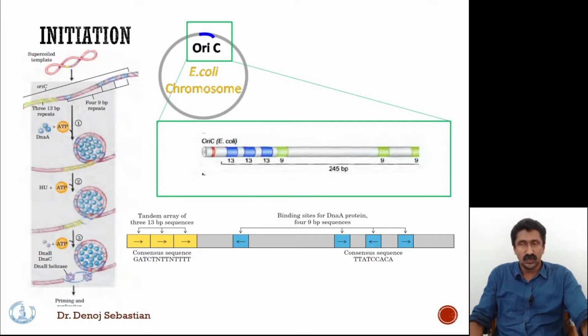It forms a loop, and that binding causes a distortion or a structural change in the origin DNA strands in that origin region.